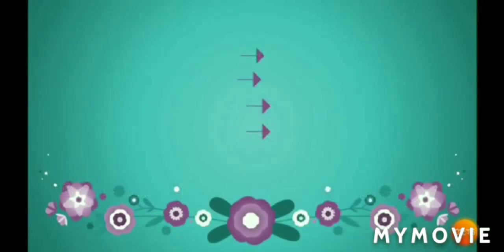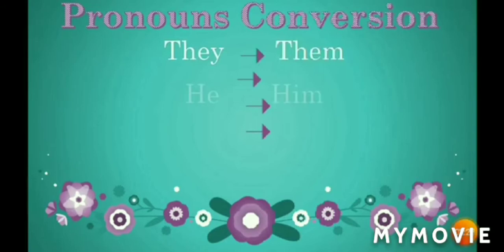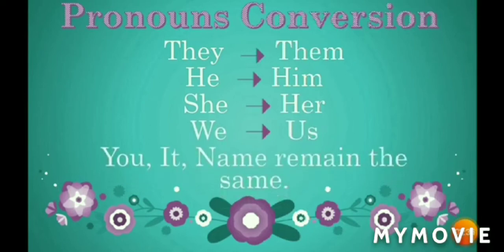We are already familiar with pronoun conversion when converting active to passive. So, according to that, we convert they into them, he into him, she into her, we into us. You, it, and names remain the same.